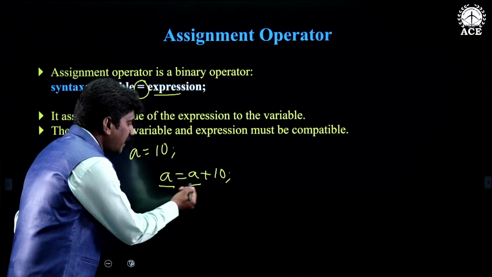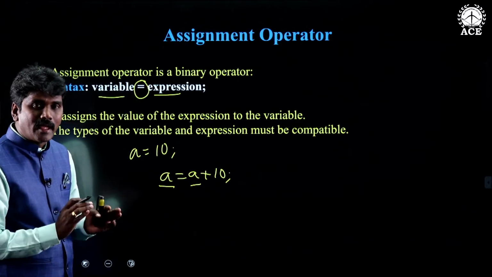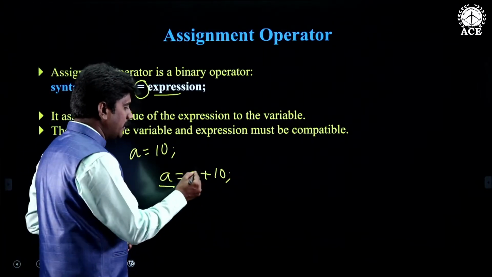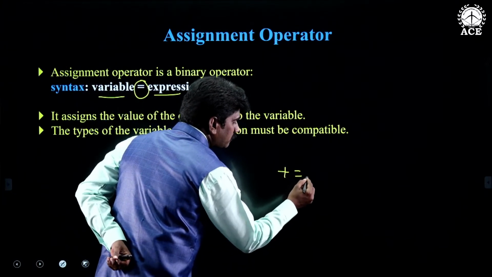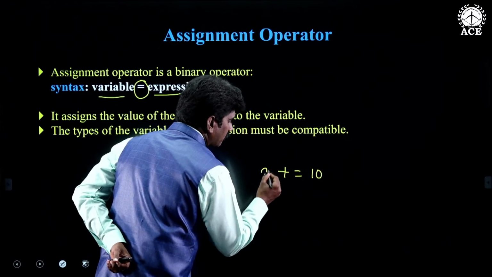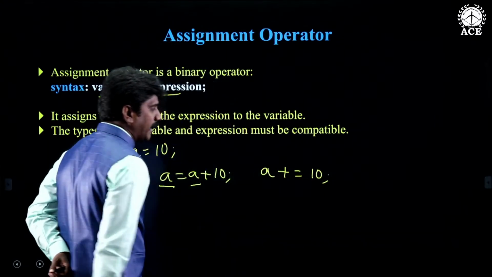Suppose left side and right side both are having the same name. In that case, we can use the same thing like plus is equal to 10. Means A plus is equal to 10.